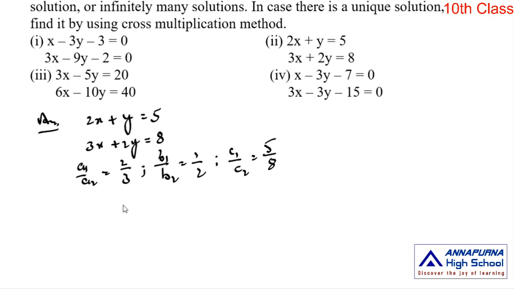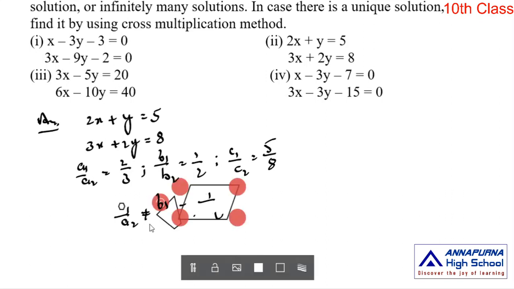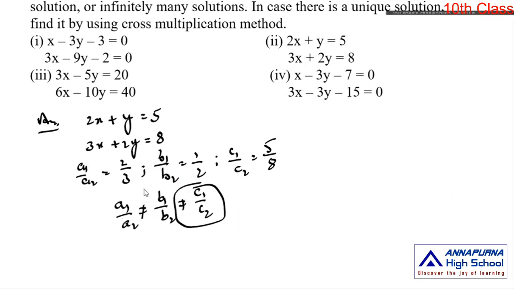By comparing the ratios, a1 by a2 is not equal to b1 by b2. No need to compare the third ratio. Why? Because the first two ratios are not equal. So a1 by a2 is not equal to b1 by b2. So these two equations have a unique solution, and this unique solution we find by the cross multiplication method.